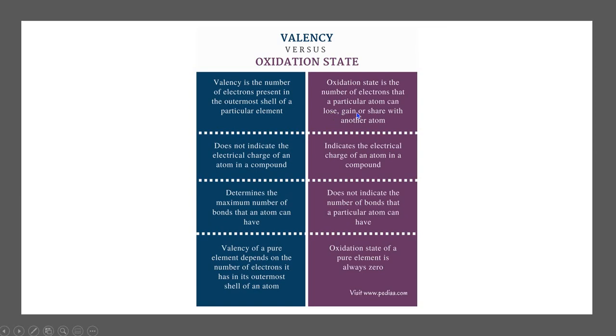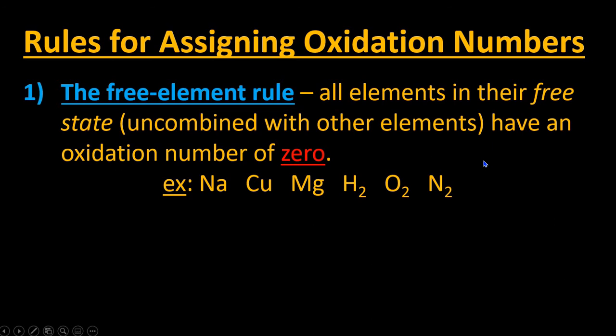It is, however, related to it. When you're talking about losing or gaining electrons, that's charge. However, when you talk about sharing electrons, that is only related to oxidation numbers, not charge, because when you share, it's covalent and there is no charge.